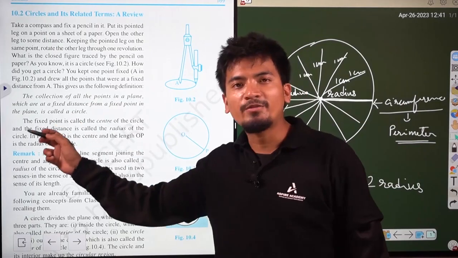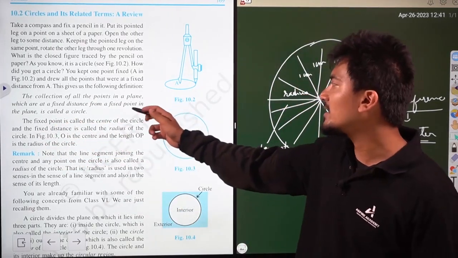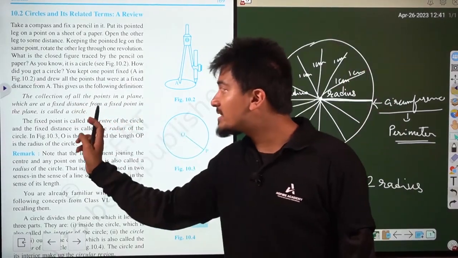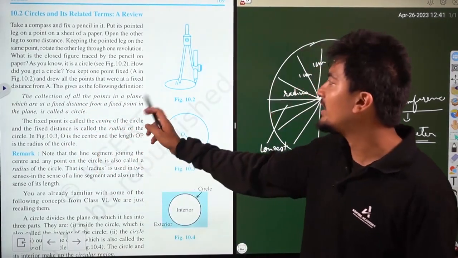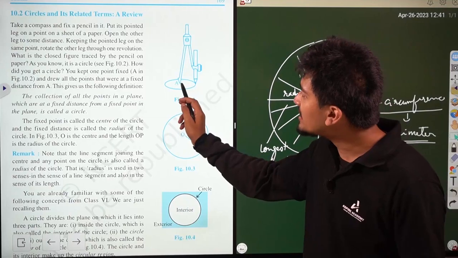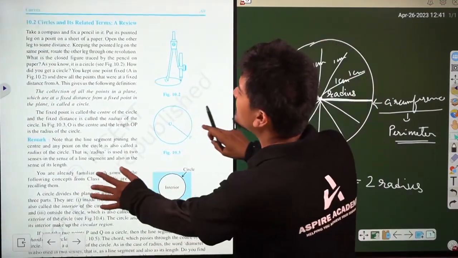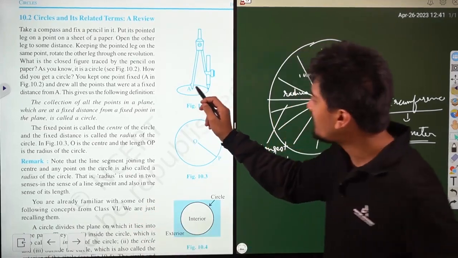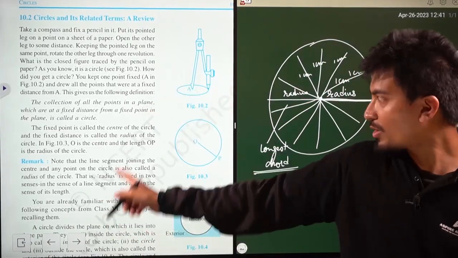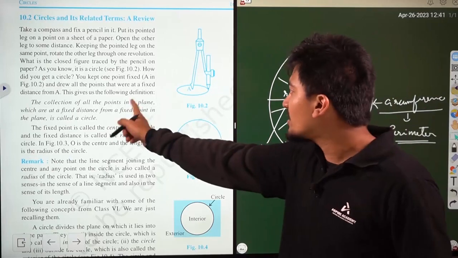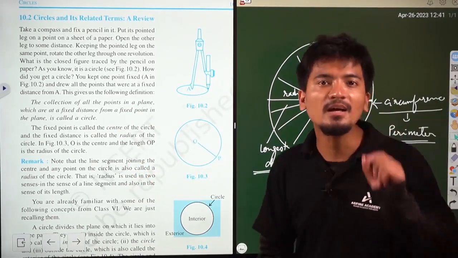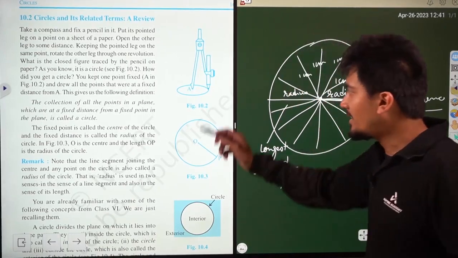Okay. Now see here, what is the general definition of a circle? The collection of all points in a plane which are at a fixed distance from a fixed point in the plane. That means if I draw the circle with a compass, it will have a fixed distance from a fixed point, that is the center, in a plane.